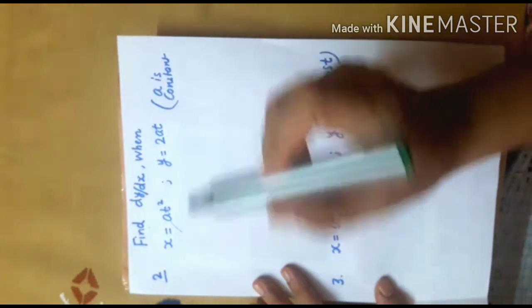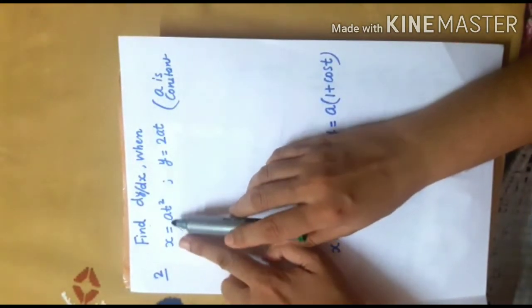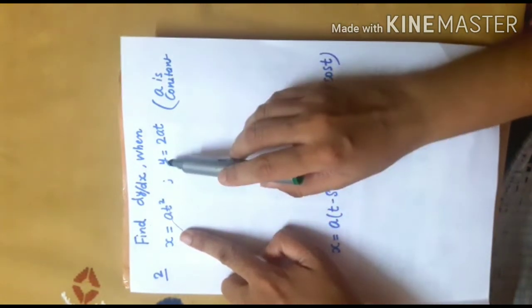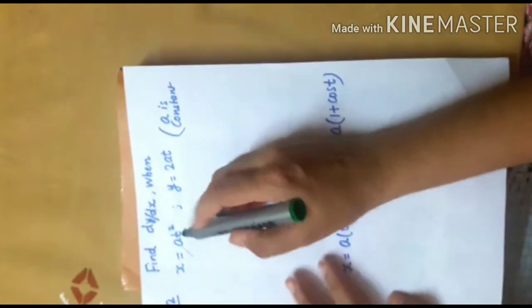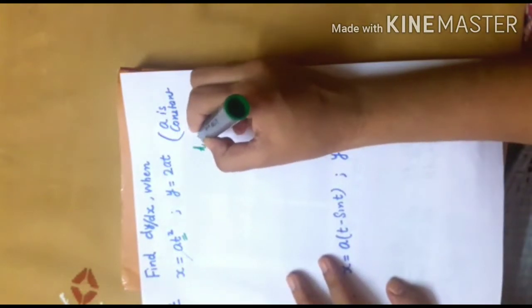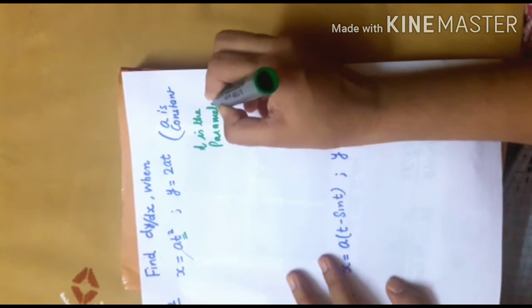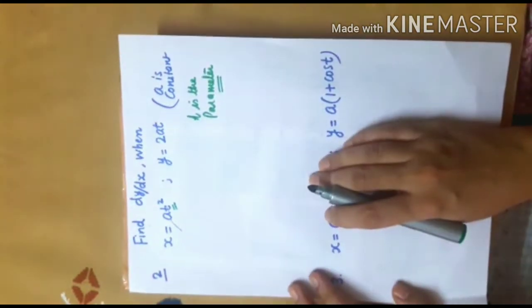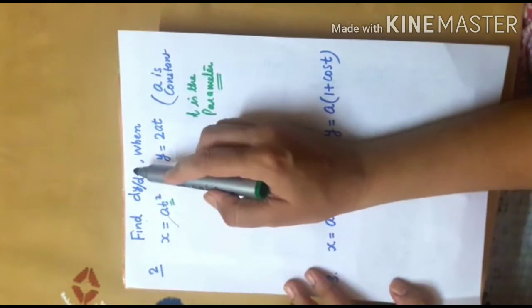Here a is a constant. Now here you can see that x is expressed in terms of t, y is expressed in terms of t. So x and y are connected through this third variable t. So here t is the parameter. So the function is in its parametric form and we are to find dy by dx.